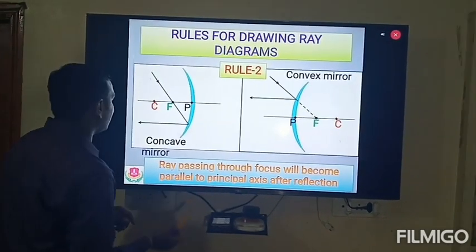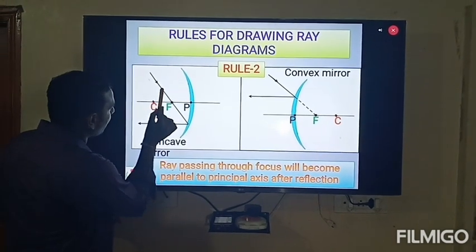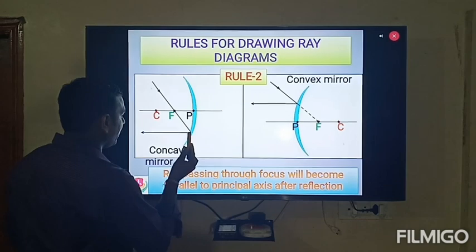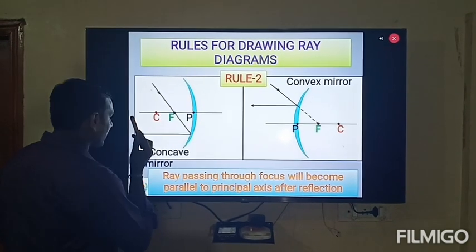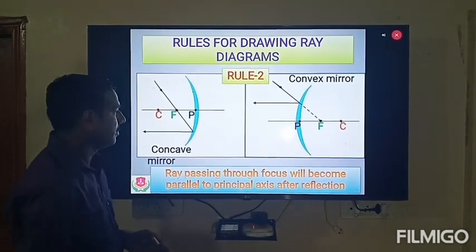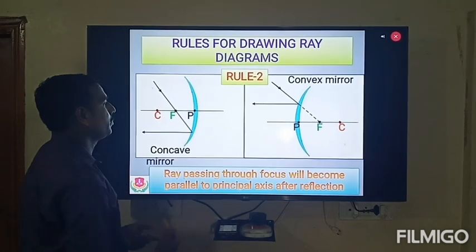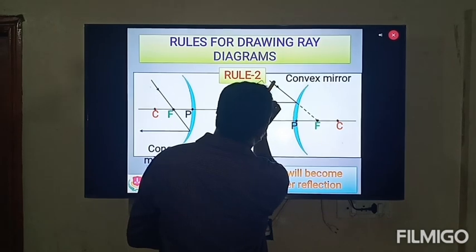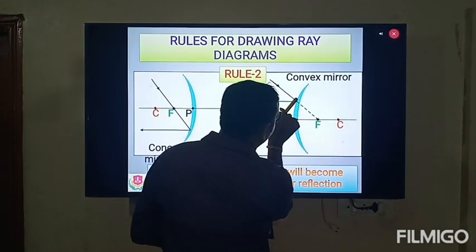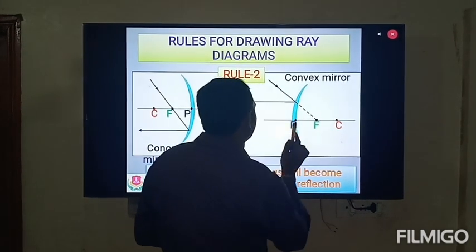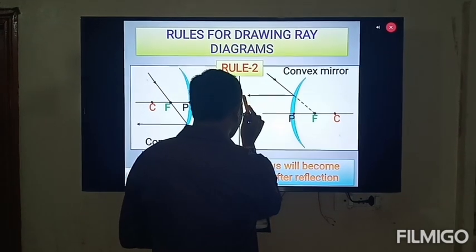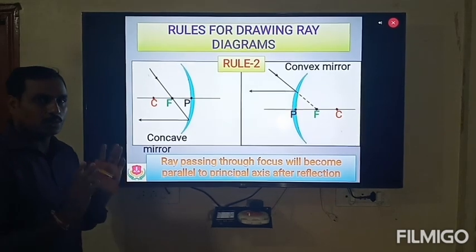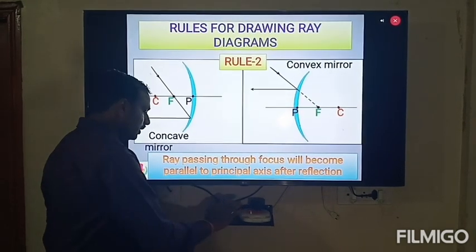See here in the diagram, the ray which is coming through the focus, when it falls upon the surface, moves parallel to the principal axis. In the context of convex mirror, it is the same: this ray is coming, actually it appears to be moving through the focus. After reflection, it passes parallel to the principal axis. This is rule 2. Now we are going to see rule 3.